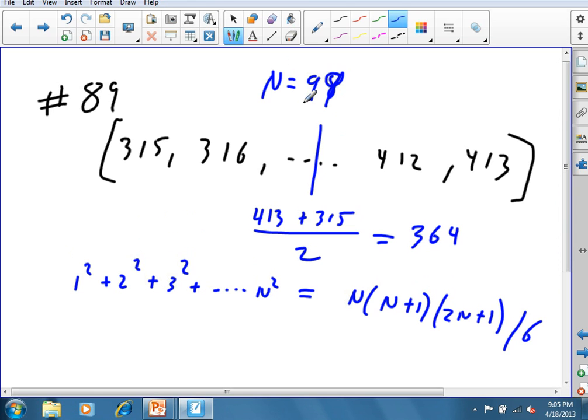Okay, so I've got a 0 squared guy here, right? Because the 99th guy, the guy in the middle, is going to be 0, the deviation. But I'm going to have 49 of them. So I'm going to go 1 squared plus 2 squared plus blah, blah, blah, up to 49 squared. And I have 2 of them because I got it on this side and that side.